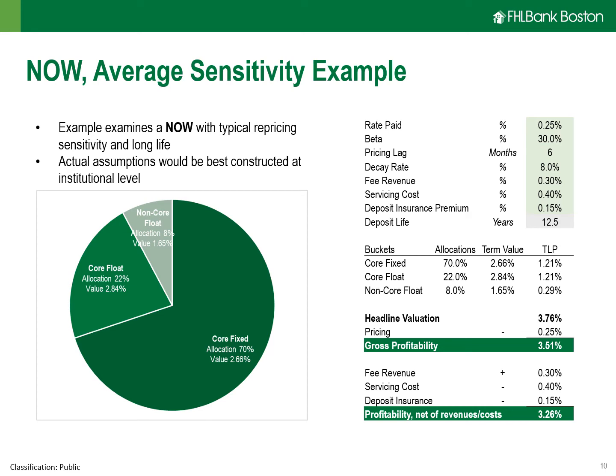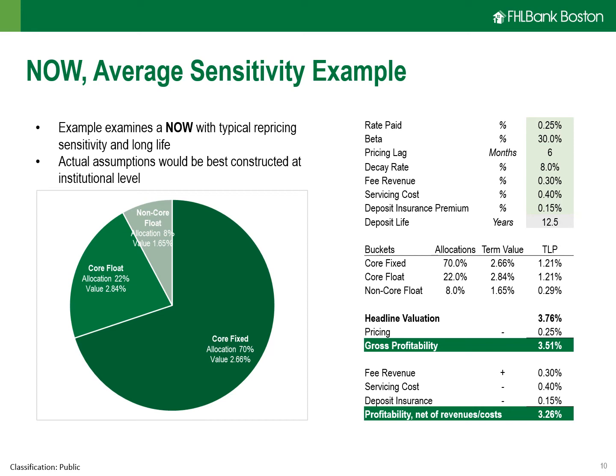And so given those assumption inputs, if you recall how we put together the framework, we know with a 30% beta, that means there is a 70% core fixed allocation. That is to say, 70% of the balances in this account type are assumed to be not volatile and not price sensitive, while 30% are assumed to be some combination of volatile and price sensitive.